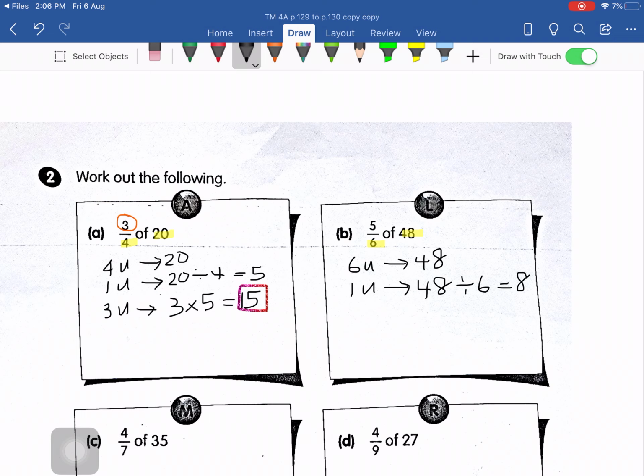So each group or each unit represents 8. To find 5/6 of 48, we are finding 5 units or 5 groups. 5 groups of 8 is 40. So the answer is 40.